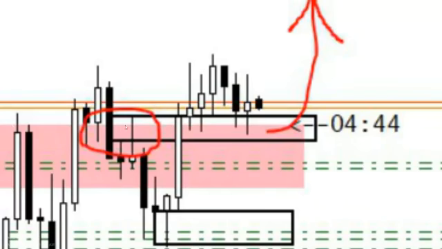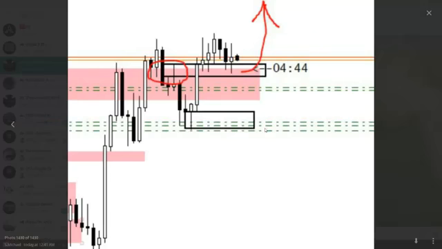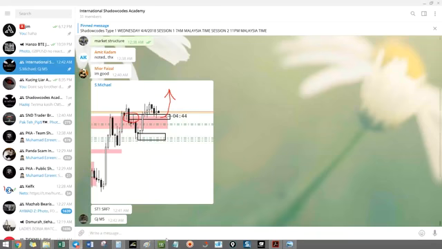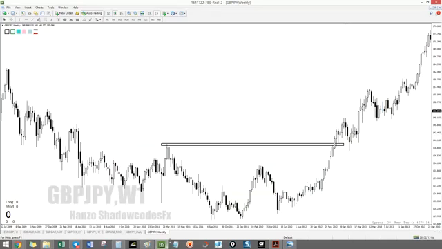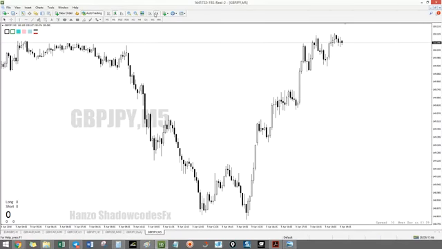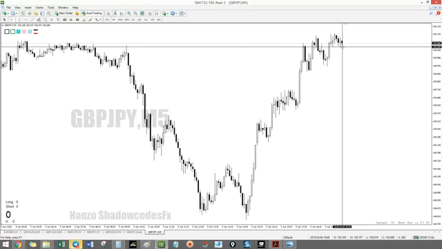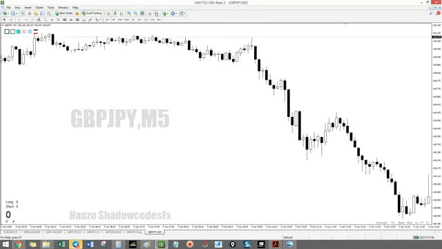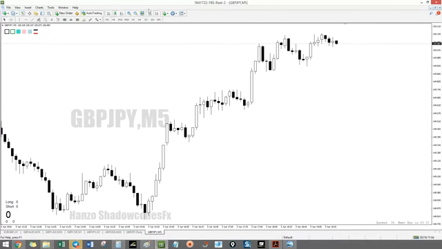Okay. Resistance, support, flip. GJM5. Sure. If you want to take that as your ST1, sure. Can take that.